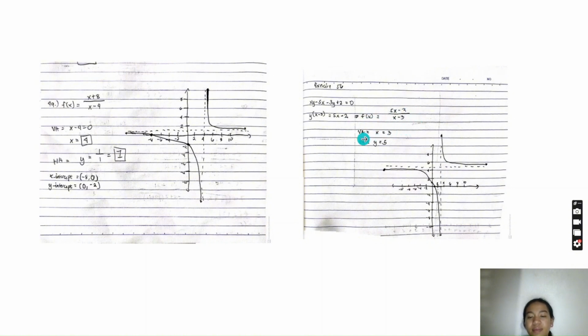So for our vertical asymptote, we will simply extract the denominator and apply 0: x minus 3 equals 0, then transpose 3 to the right. So our vertical asymptote is x equals 3, and our horizontal asymptote, since our leading coefficient is 5 all over 1, so 5 divided by 1, is 5. So our horizontal asymptote is 5.